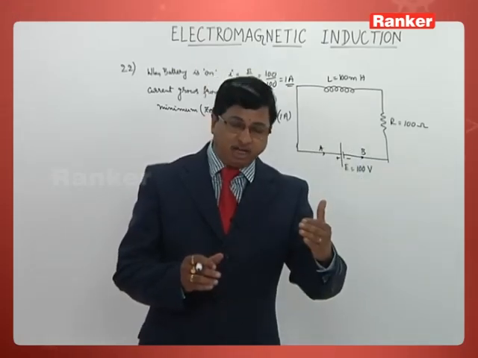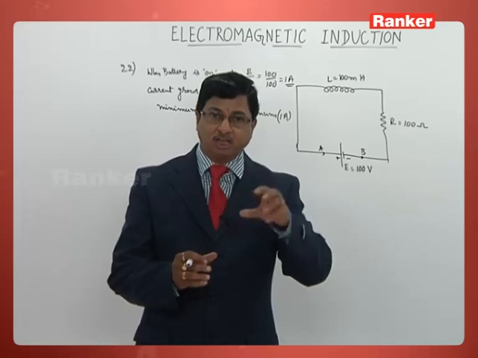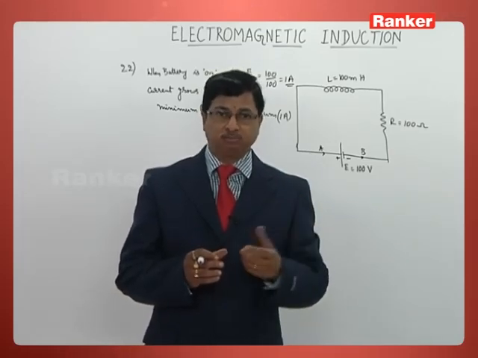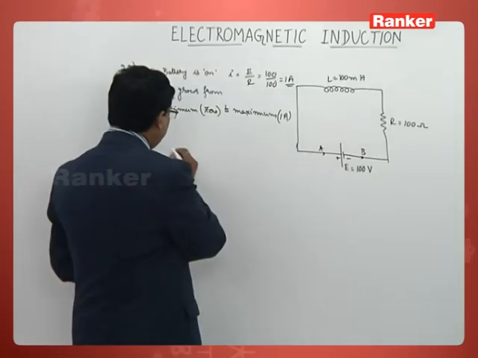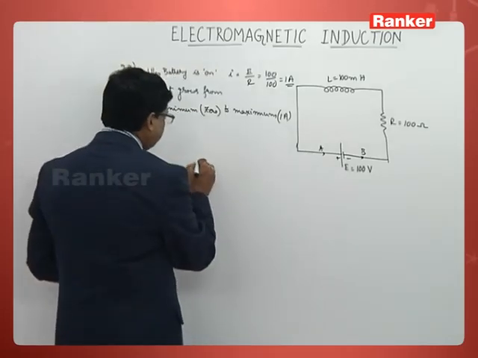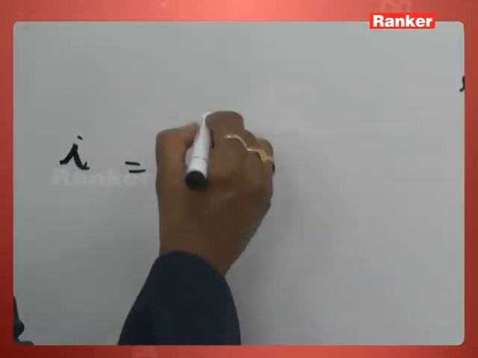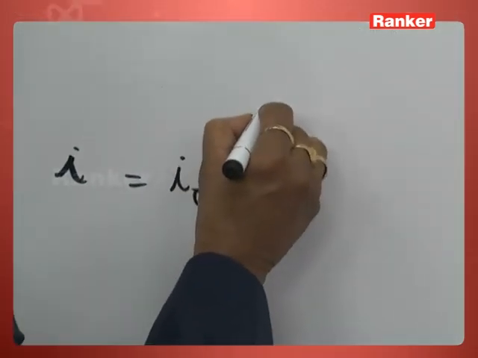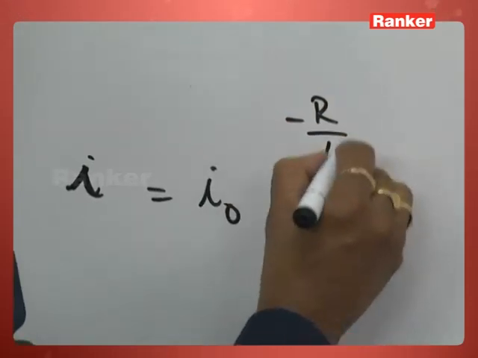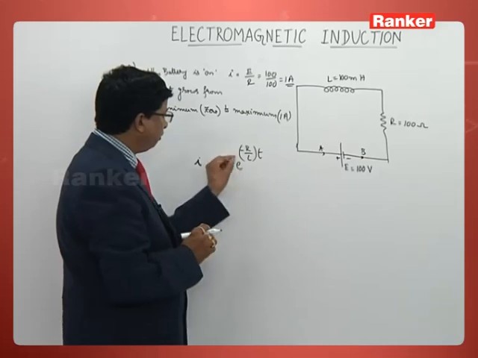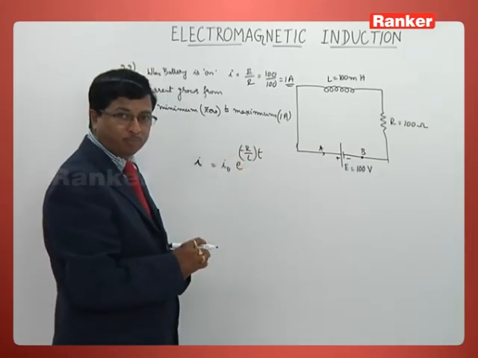So when decay of current is to be taken up, what is the general equation we go for? I is equal to I naught e power minus R by L into T. In fact, minus T by tau.